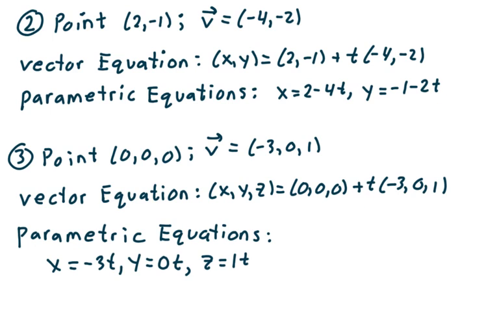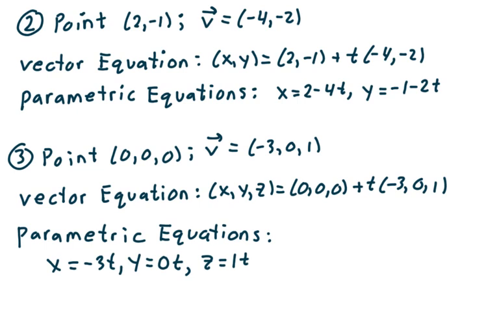Number 2, suppose we're given the point (2, -1) and the vector (-4, -2). The vector equation is (x, y) is equal to (2, -1), that's the position vector of the point, plus t times (-4, -2). So again, (-4, -2) is the vector parallel to the line we want.